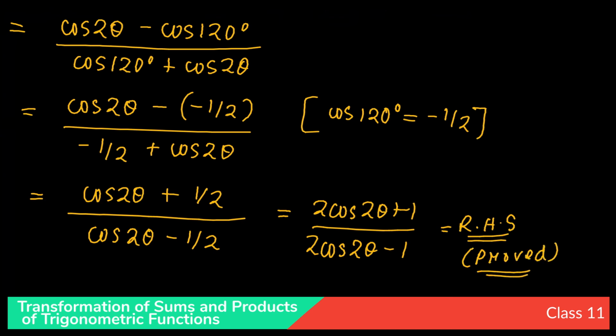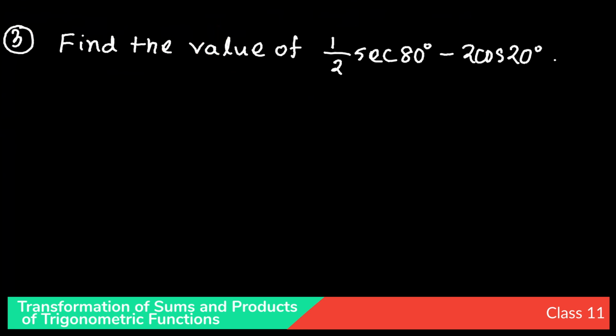Now we move on to the next question. It is said: find the value of 1/2 sec 80° minus 2 cos 20°. Okay, so it is 1/2 sec 80° minus 2 cos 20°. Now I can write sec 80 as 1 by cos 80.